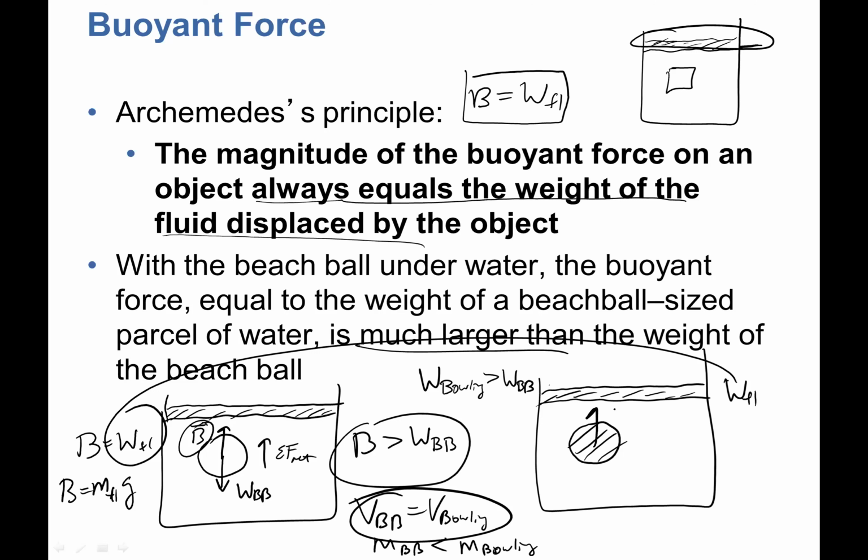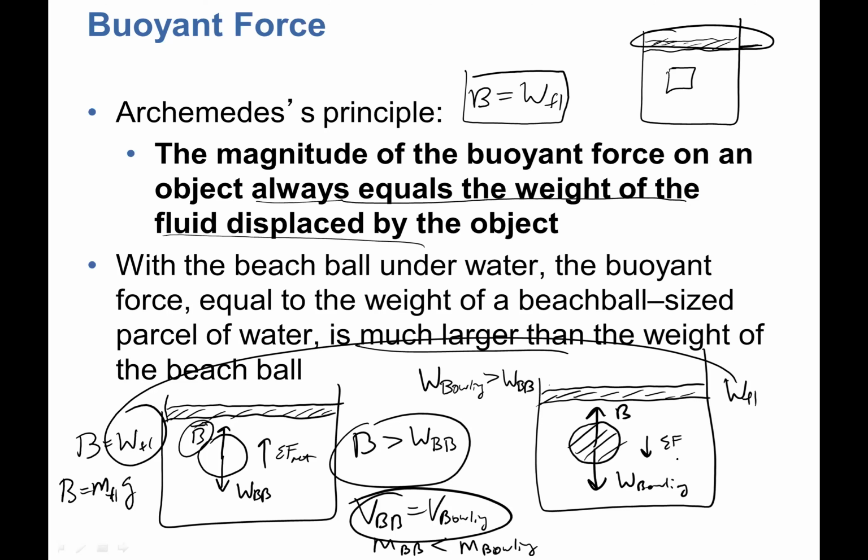That means the buoyant force is the same as before. But now the weight of the bowling ball is much greater because it's much heavier, and that gives me an overall net force downward.